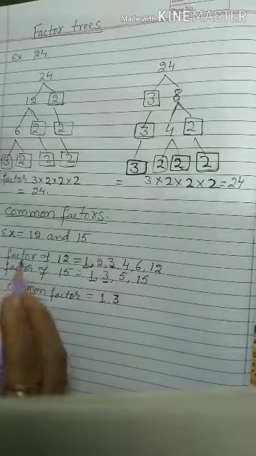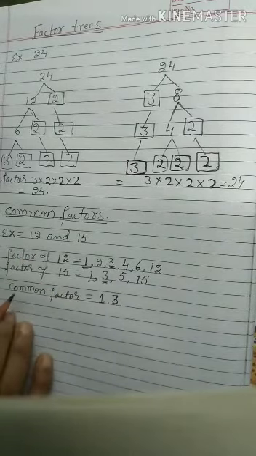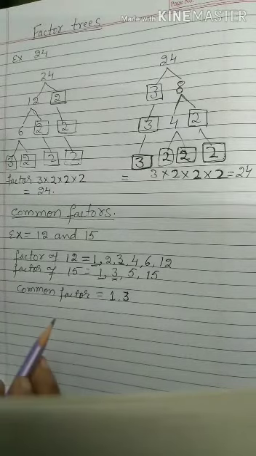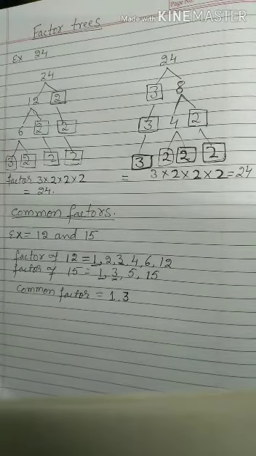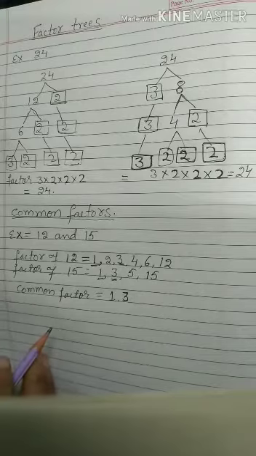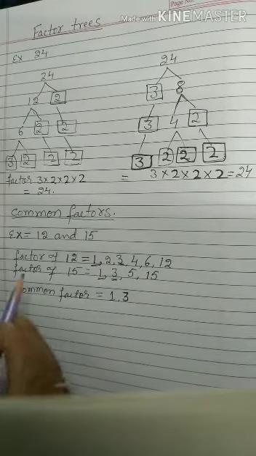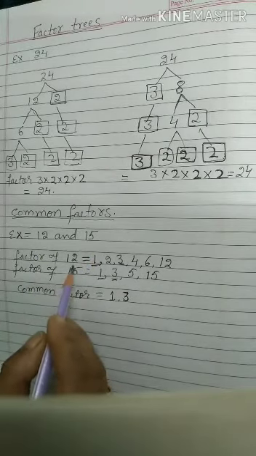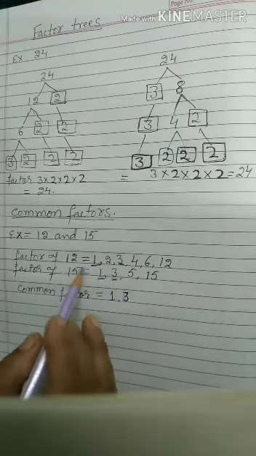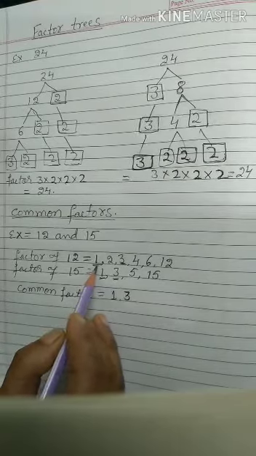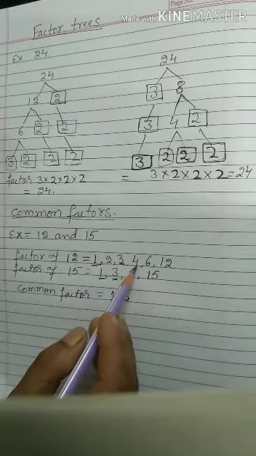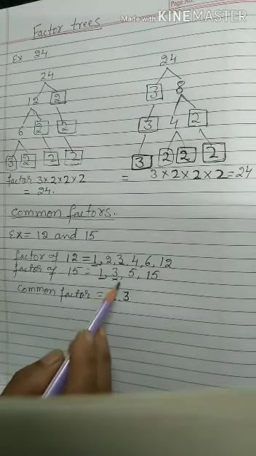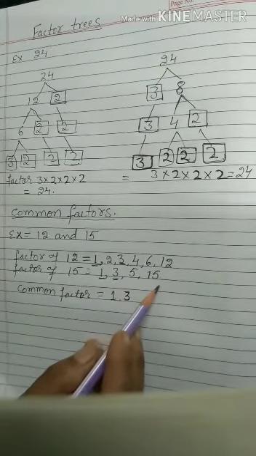Now we can find the common factors. First we have to find the factors of the given numbers. When two numbers are there, then you can find the common factors. Here the example is 12 and 15. First you have to write the factors of 12. 12 comes by the table: 1, 2, 3, 4, 6 and 12. 15: 1, 3, 5 and 15.